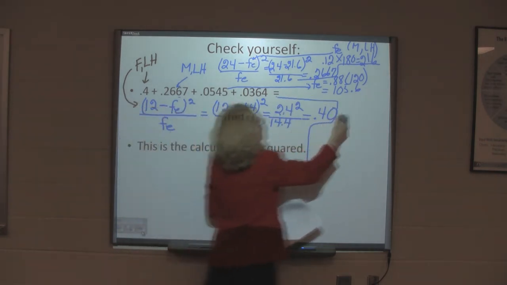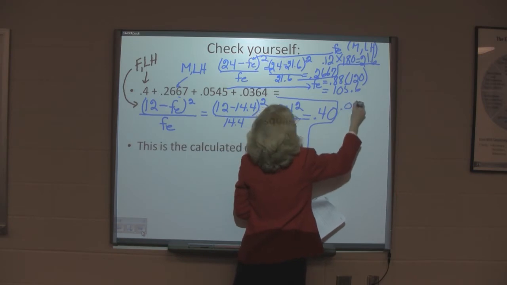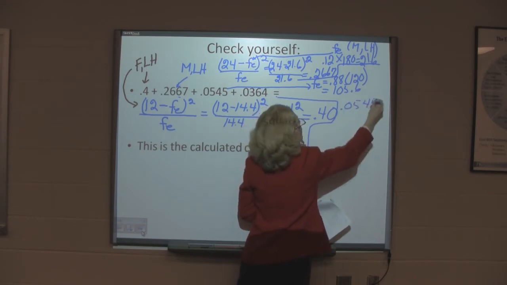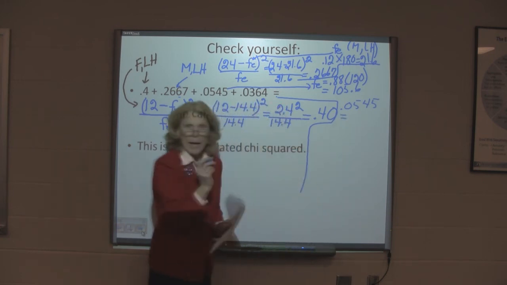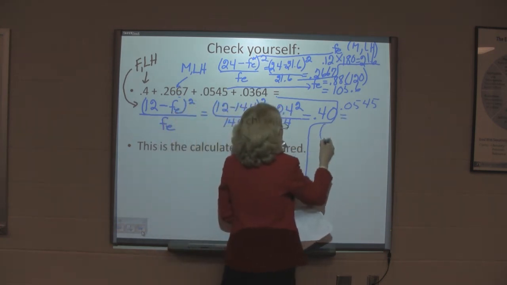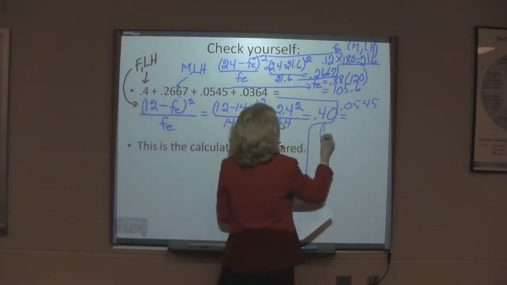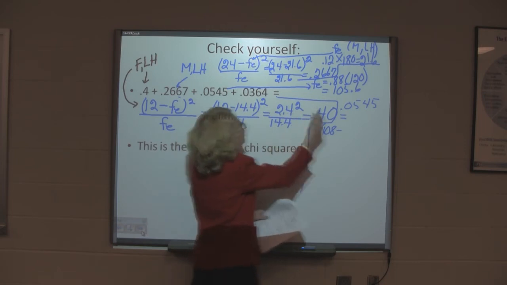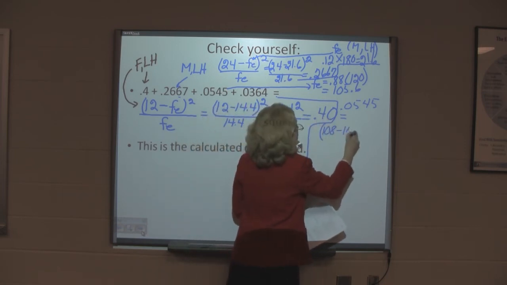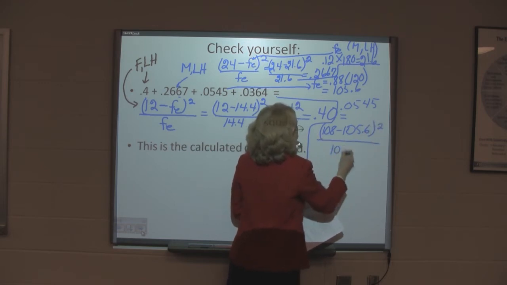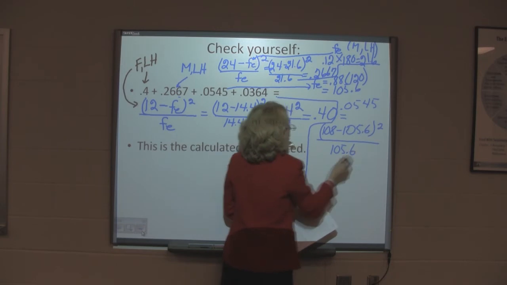The 0.0545 we get by the observed, which is 108, minus 105.6 squared over 105.6.